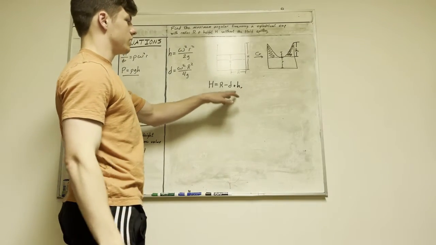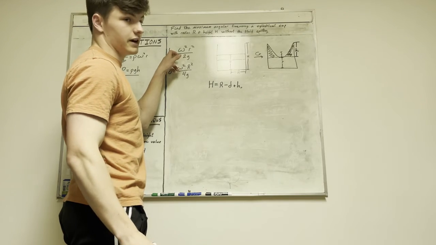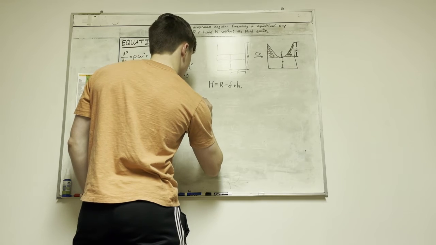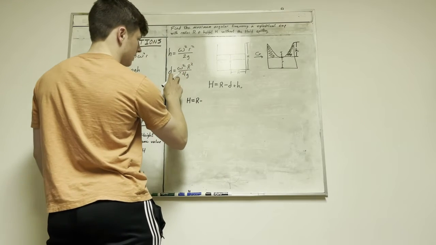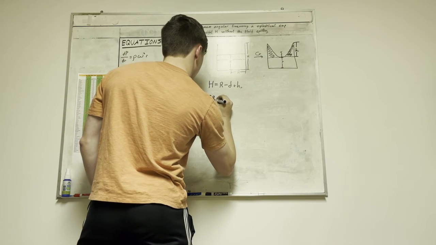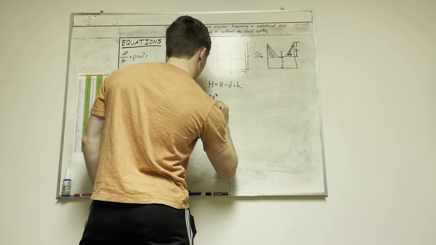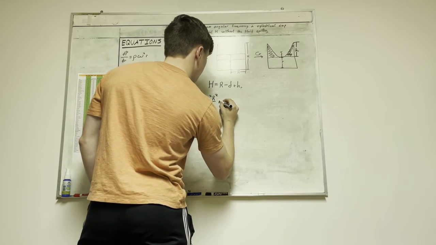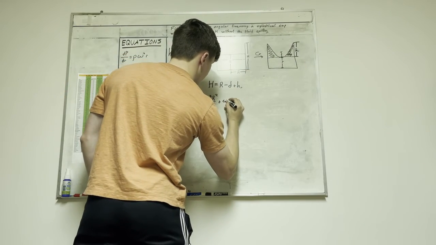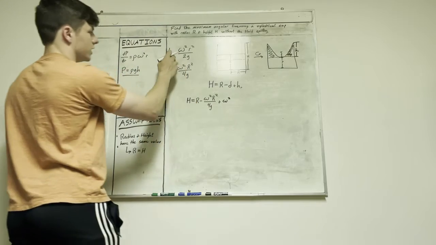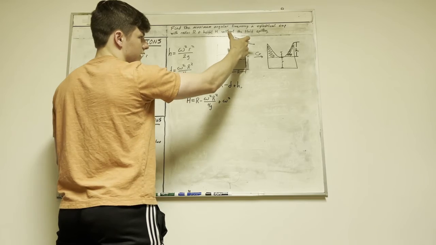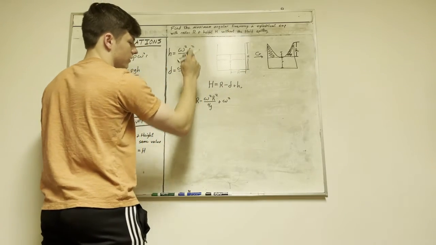So now that we have this, we can plug in and then isolate to find our angular frequency. So we have h equals r minus our value for the dip, which is omega squared big R squared over 4g, plus this height here, which is omega squared. And then this is a general term, so we have just small r, but for here we're now talking at the edge of the cup, so we're going to use big R instead of small r.